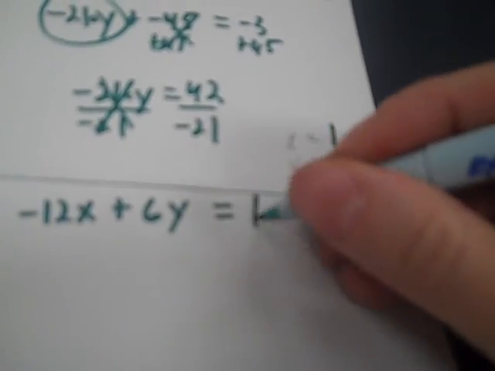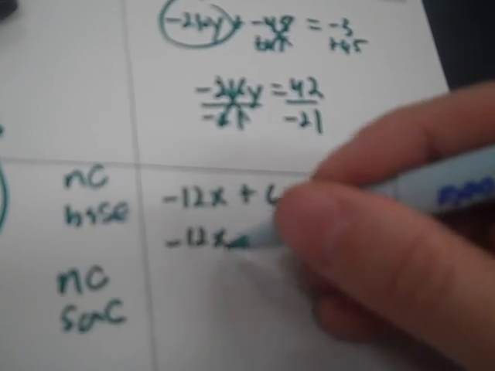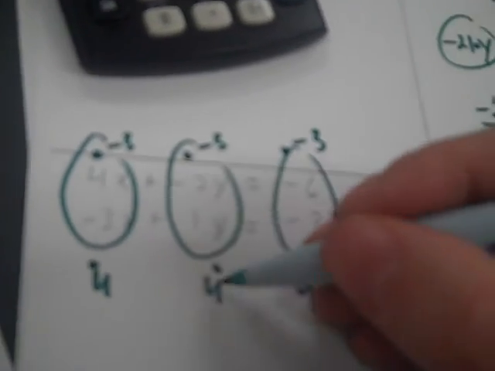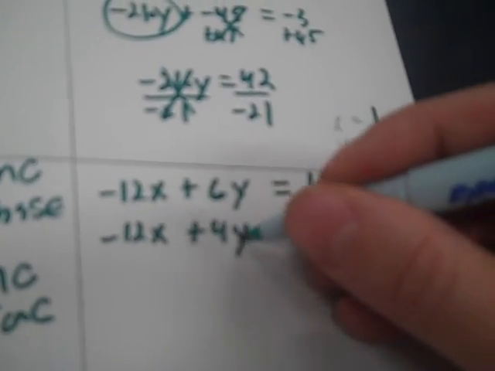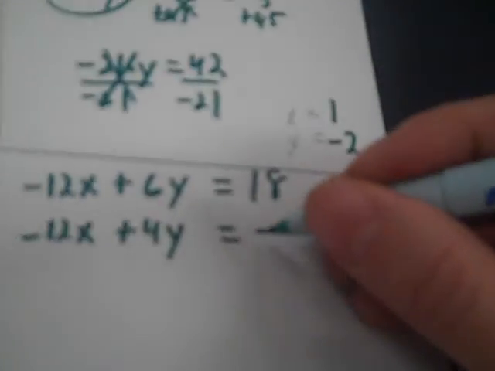And if I'm going to use my calculator, I got to get the negatives in. So negative 6 times negative 3 is 18. Then the bottom, negative 3 times 4 is negative 12 with x. 1 times 4 is 4 with y. And negative 3 times 4 is negative 12.